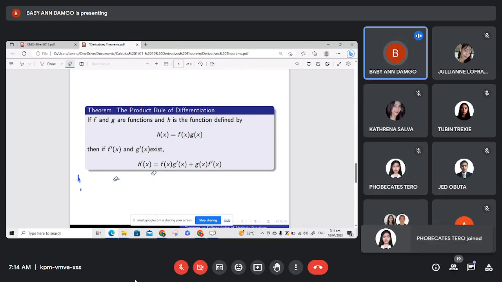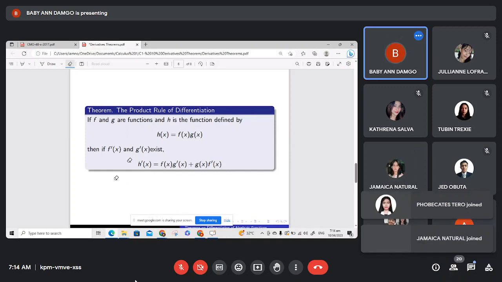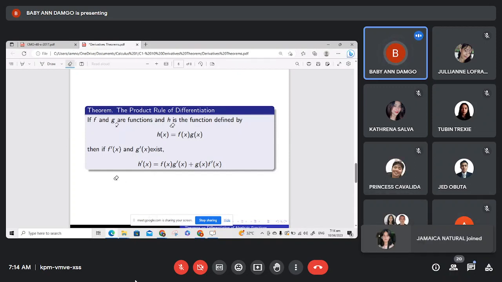Okay, so this is the product rule for differentiation. So if you have f and g are functions and h of x is equal to f of x times g of x, so then the derivative is, so copy ang f of x, i-multiply na nimo sa derivative sa g of x, plus you have your g of x, and then kuhaon nimo ang derivative sa f of x.